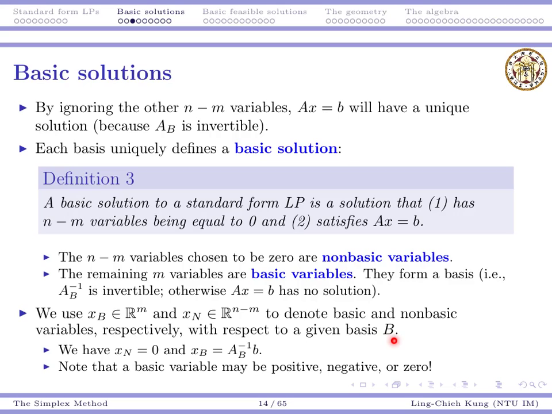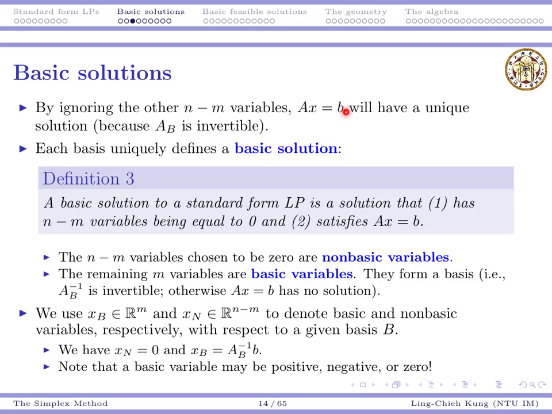Keep in mind that we first have a basis and then we define basic and non-basic variables. Non-basic variables are those variables not selected in the basis. They are set to be 0. And then for the basic variables, their values are calculated according to Ax equals b.